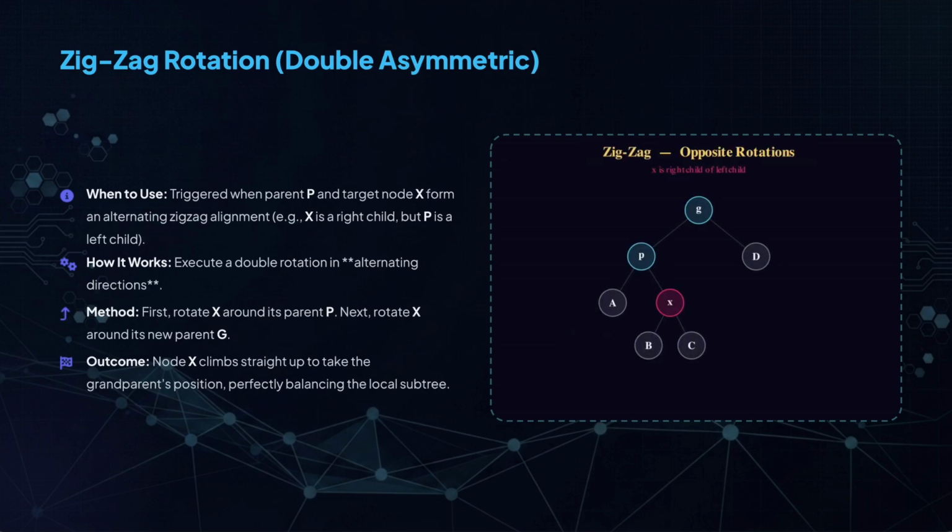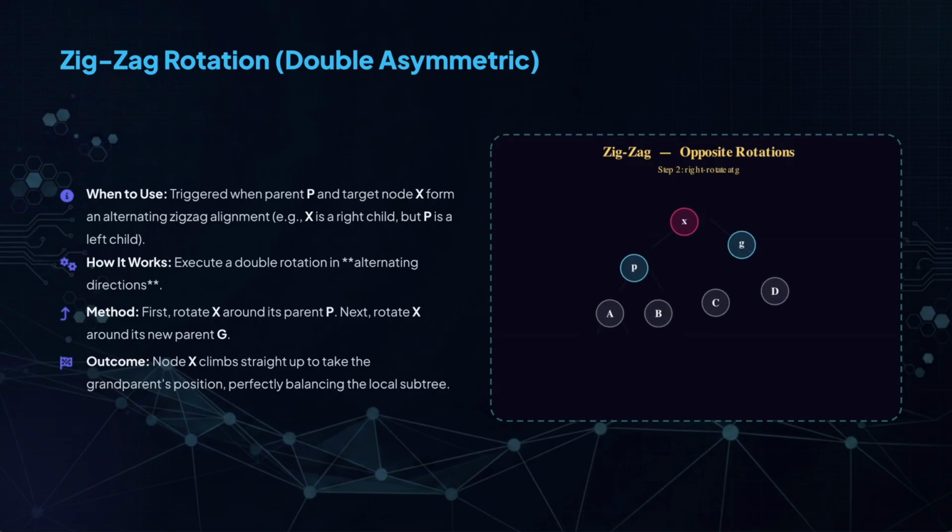So up next, we have zigzag rotation, which is known as the double symmetric rotation. Like the previous, we perform a rotation, but in alternating directions. For instance, if we have parent P as the left child of grandparent G and node X as the right child of parent P, we first perform a left rotation on node X, then a right rotation on node P. After that, X is the root of the tree, with P being its child and G being its grandchild.